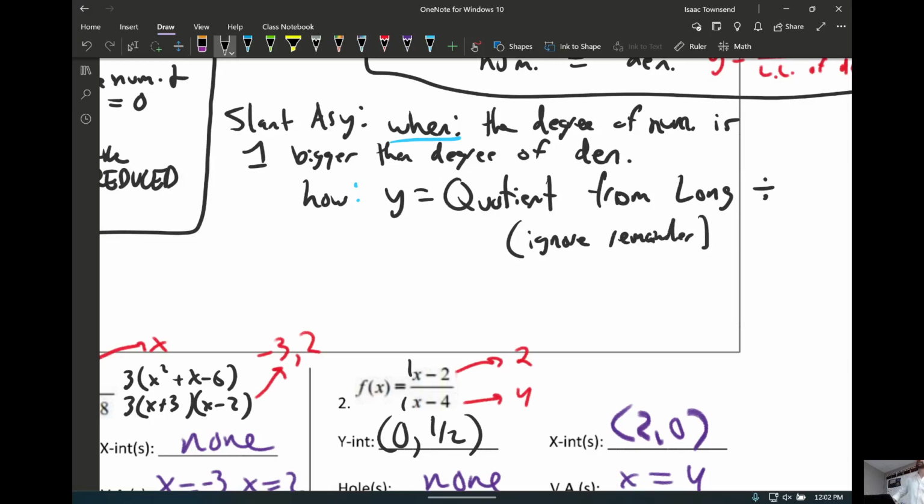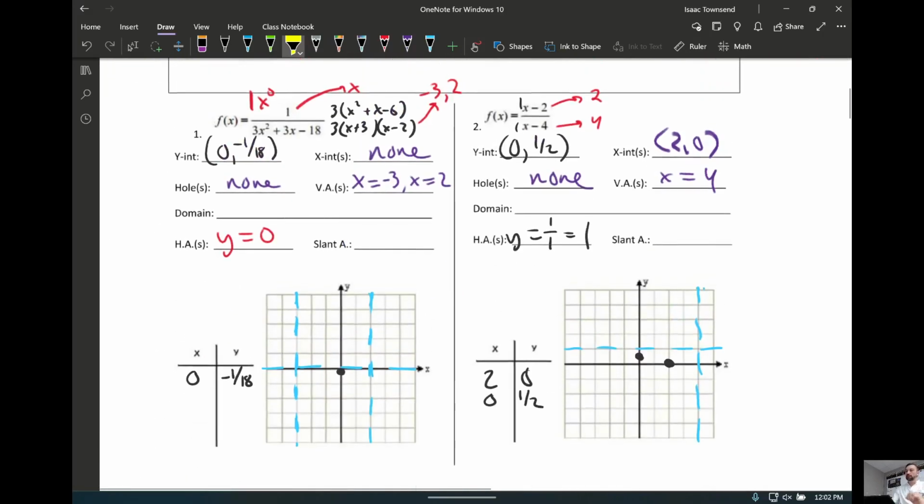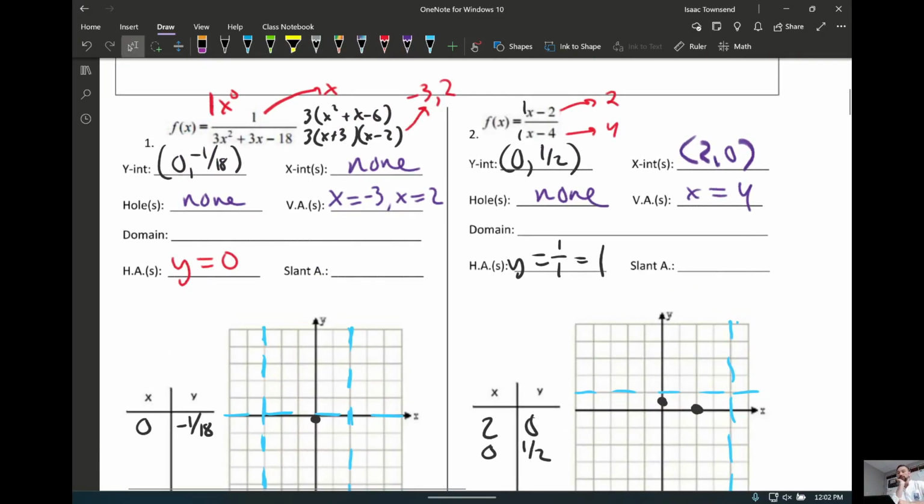I don't know mathematically why the remainder has no impact, but if the degree of the numerator is 1 bigger than the degree of the denominator, we have to do long division, and then the slant asymptote equation will be y equals the quotient. If there's a remainder, just ignore it. So let's go ahead and work one.